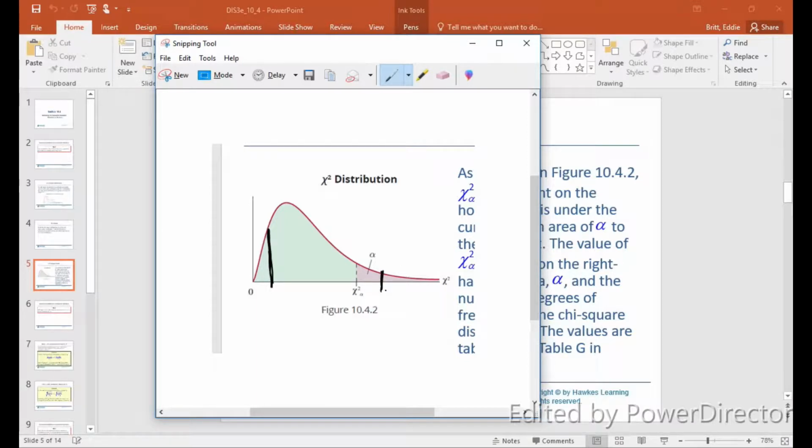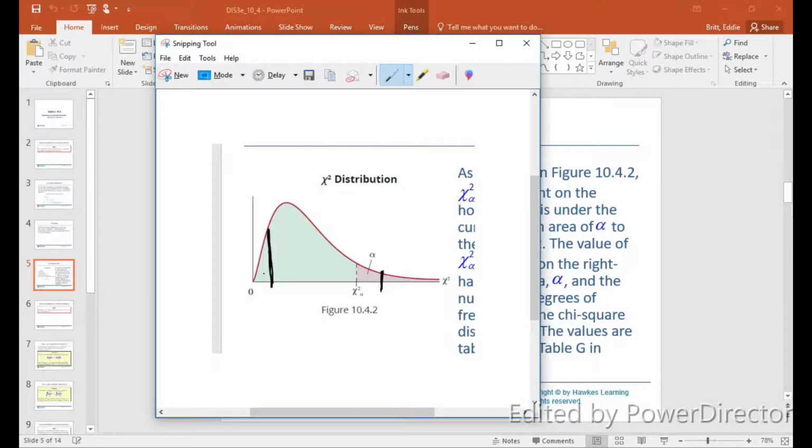And since the values here start at 0, they're not going to be negative. Neither one of them is going to be negative. And they're going to be different. They're going to be vastly different. One of them may be 2 point something. The other one may be 19 point something.